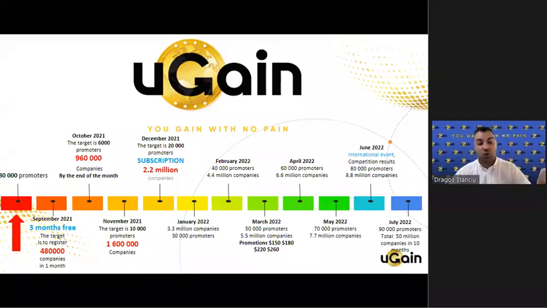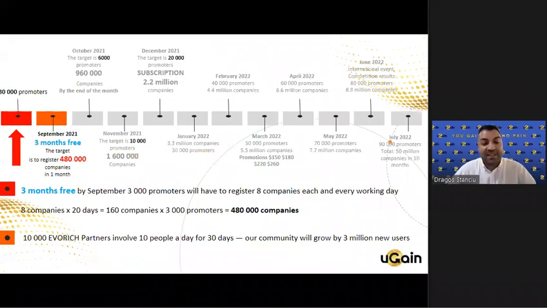They will be registering businesses and business owners in days off as well. But our goal is to have 8 companies a day for 20 days and 160 companies of 3,000 promoters, which gets you 480,000 companies, businesses.